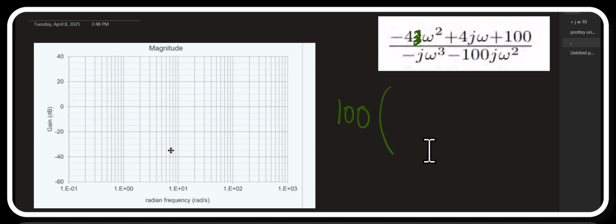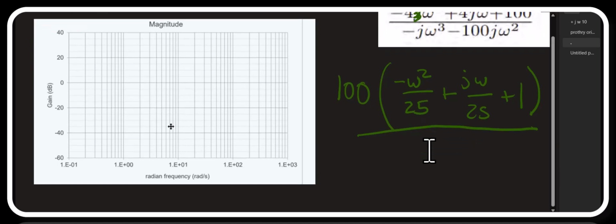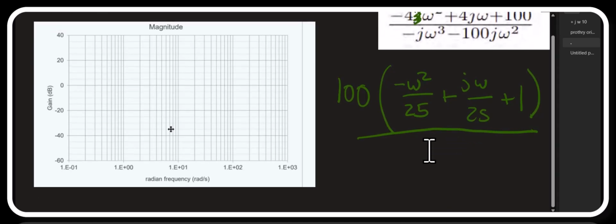And then I get minus omega squared over 25 plus j omega over 25 plus 1, over, and out of the denominator, I'm going to factor out a j omega squared.